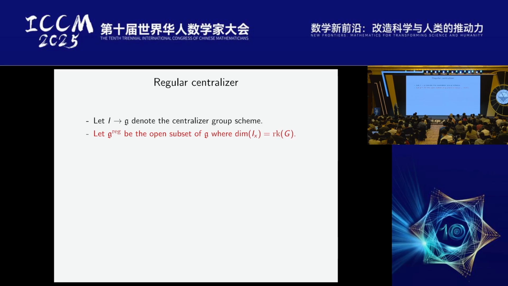If you look at the characteristic polynomial map, associating to every matrix its characteristic polynomial, and restrict it to the regular part, you have a smooth map. Moreover, every fiber is a single conjugacy class. Over 0, you have only one orbit, the regular nilpotent orbit.